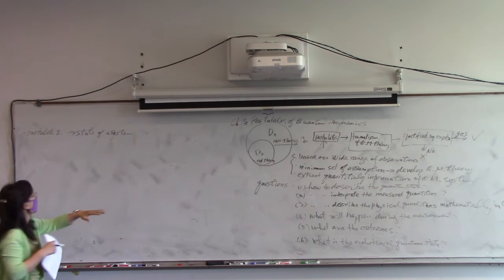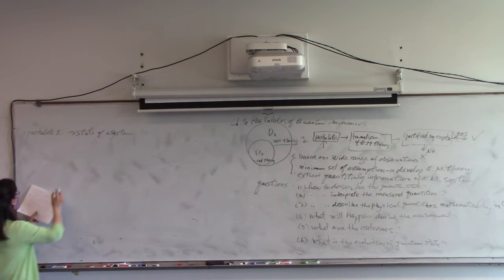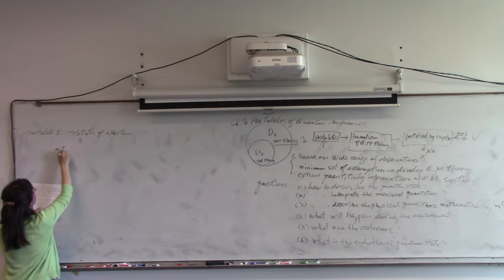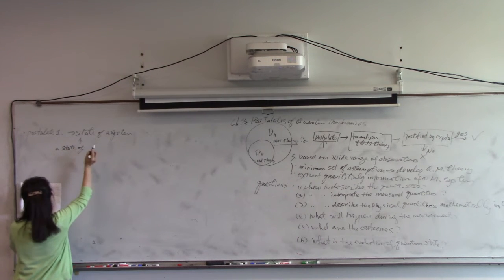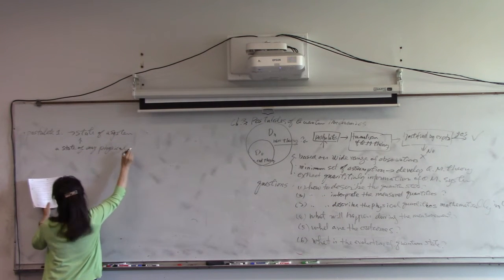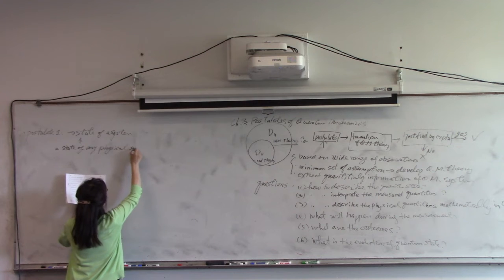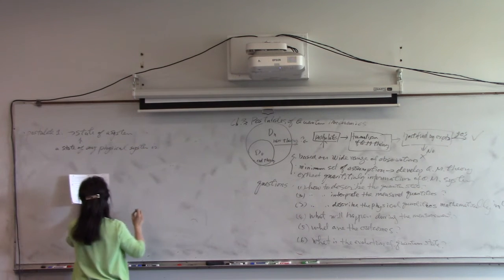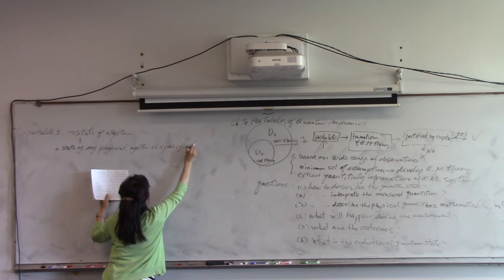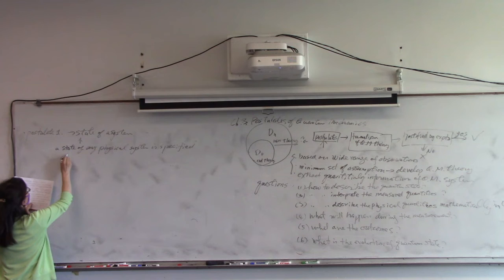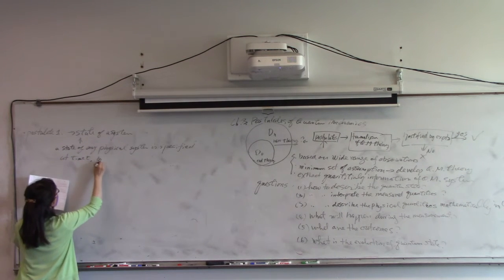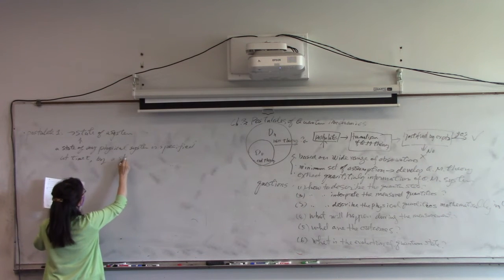The postulate gives us: the state of any physical system is specified, at an instant t, by a state vector.